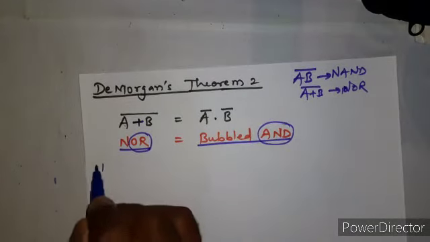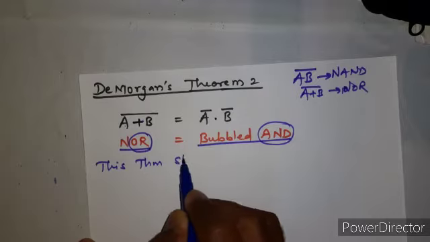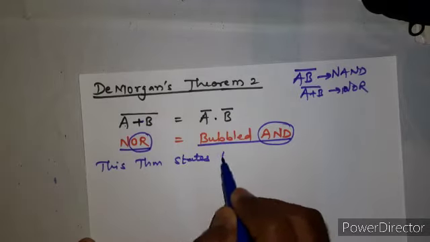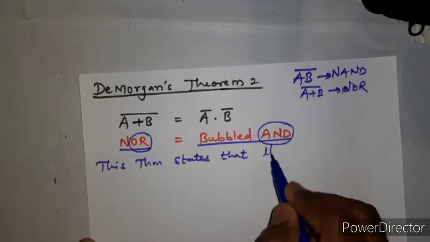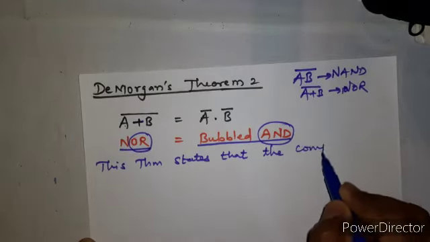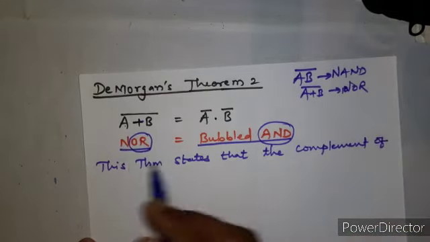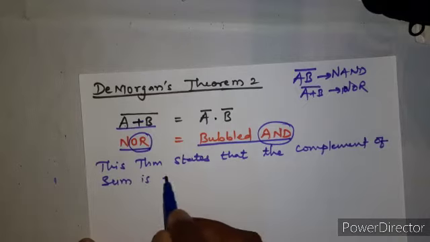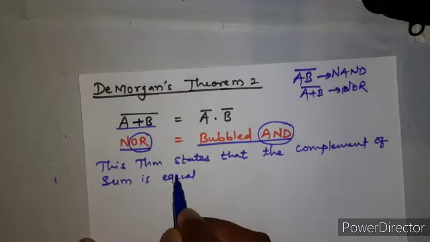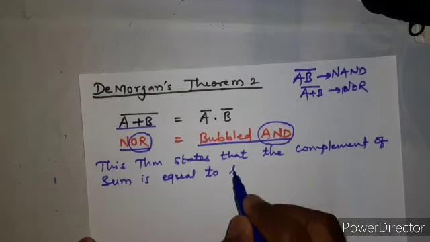Statement wise, this theorem states that the complement of sum is equal to product of complements.